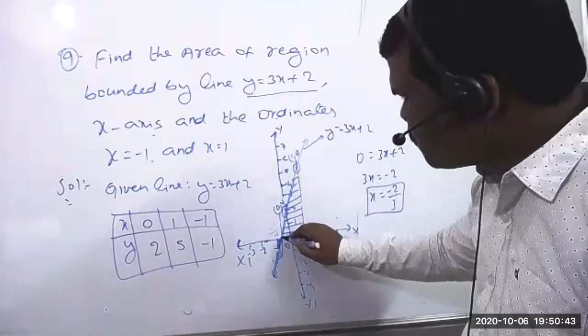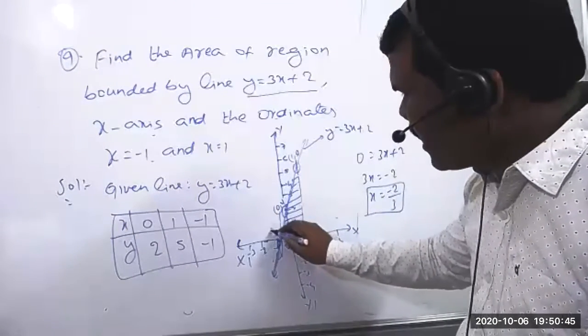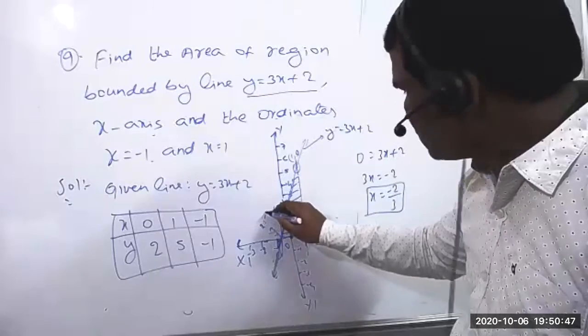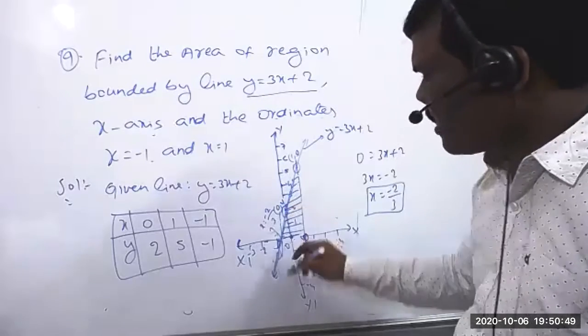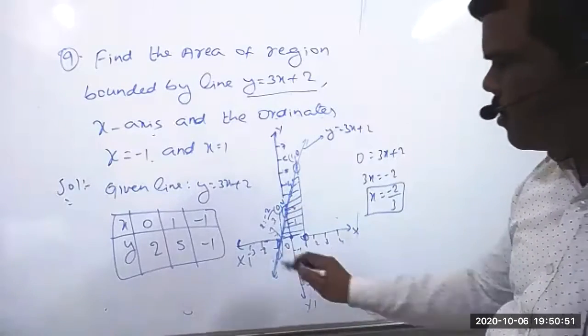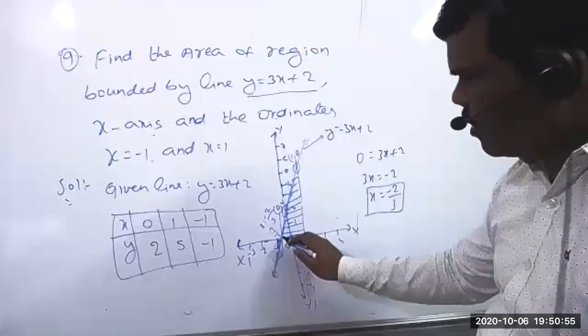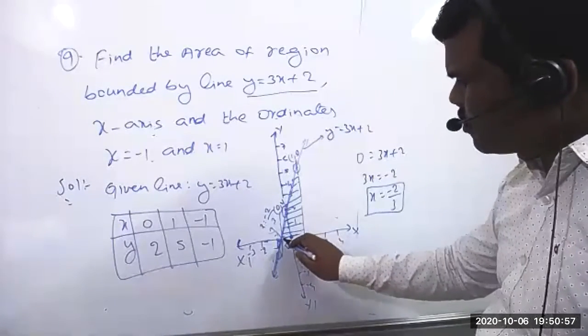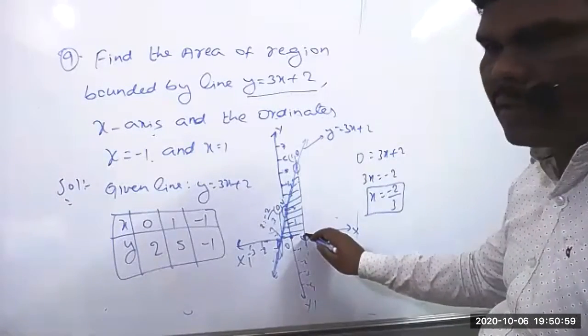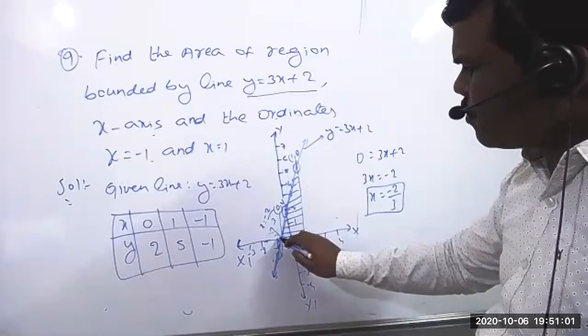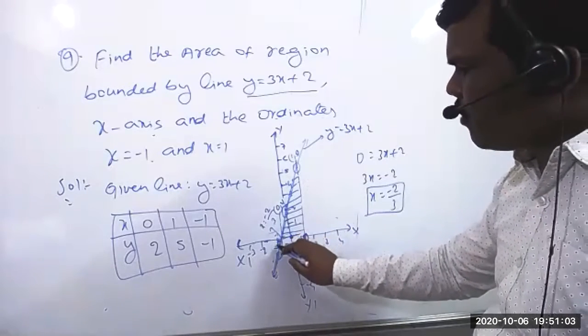That means this point is x equal to -2 by 3. So the limits we have to take are from -1 to -2 by 3, one thing, and from here to here also, -2 by 3 to 1, the second one. If you take -1 to -2 by 3, we'll get this area.